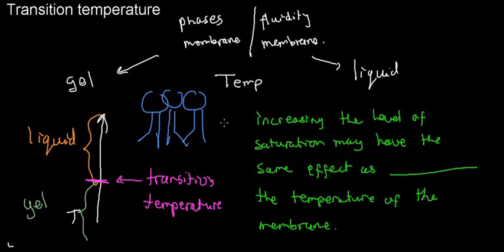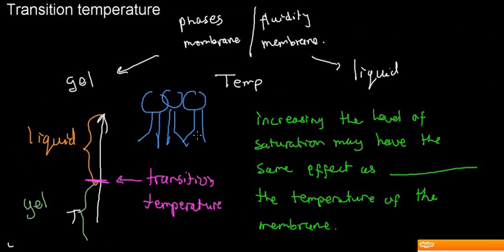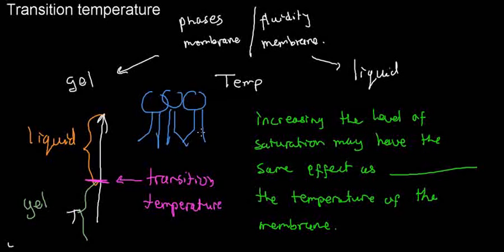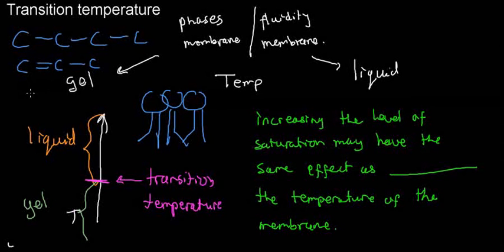This guy has one kink this way. Perfect. So increasing the level of saturation means I'm going to have more saturated bonds, meaning more single bonds and fewer double bonds. And this is saturated, just so you would know. If I have this chain, it is a saturated chain. And if I have this chain, it is an unsaturated chain.